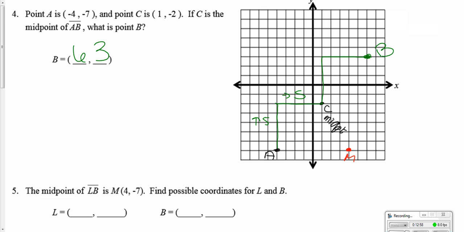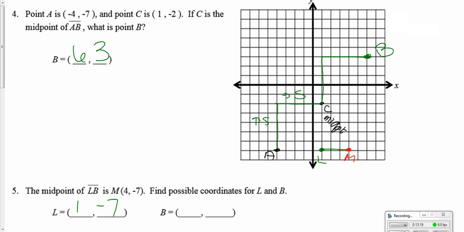So the easiest one would be to just go left and right or go up and down. Just pick a distance. I'm going to pick 3. So I'm going to go 3 to the left, and I end up right here at 1, -7. So I'm going to call this point L.